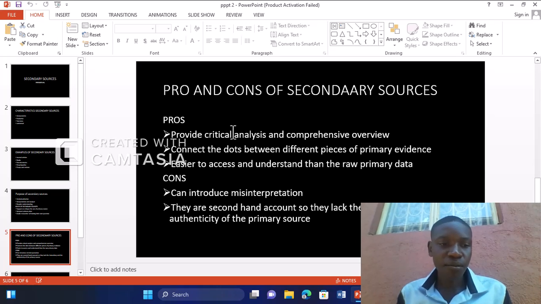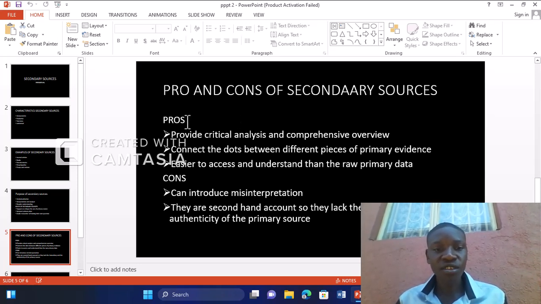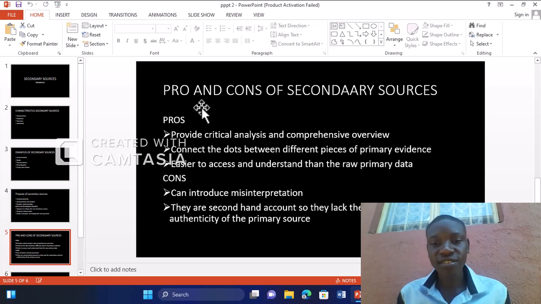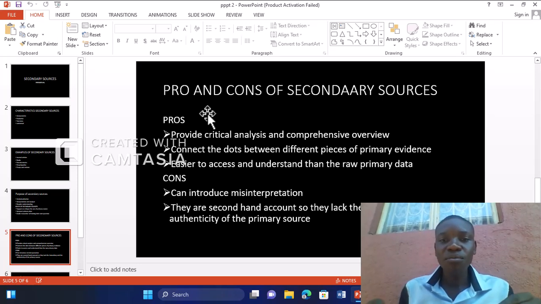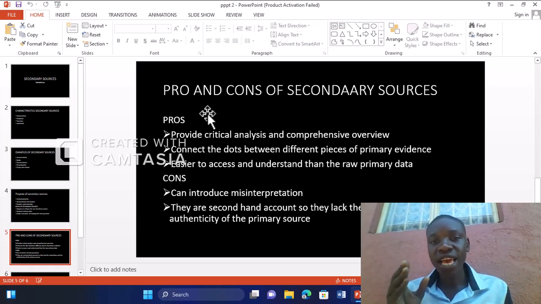Let me now speak about the pros and the cons of these secondary sources. The pros are the advantages, the cons are the disadvantages. Some of the advantages are that they provide critical analysis and a comprehensive overview. They also connect the dots between different pieces of primary evidence, meaning the primary source of the information may be in bits.